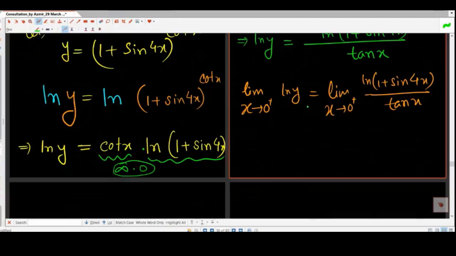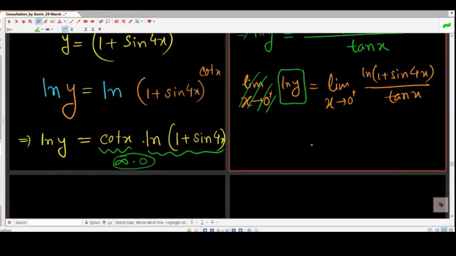We don't need to think about the left side. Our target is to find the limiting value of the right side. If we want, we can also skip the limit on the left side, and just think about natural log of y.